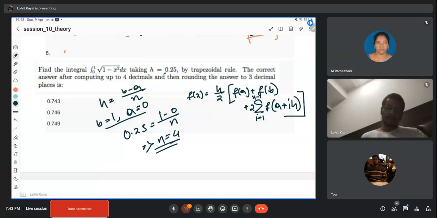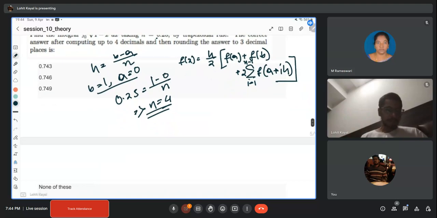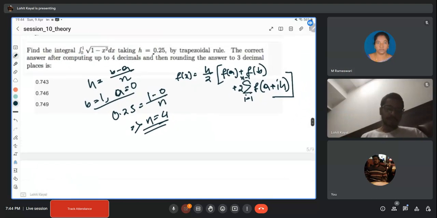So it will be f of a plus h, f of a plus 2h, plus f of a plus 3h, with 2 multiplied. Okay, so yeah, the value of h is provided. So I will just write the expression in this formula. Then I will calculate the answer. So here f of x will be 0.25 by 2 times f of a.